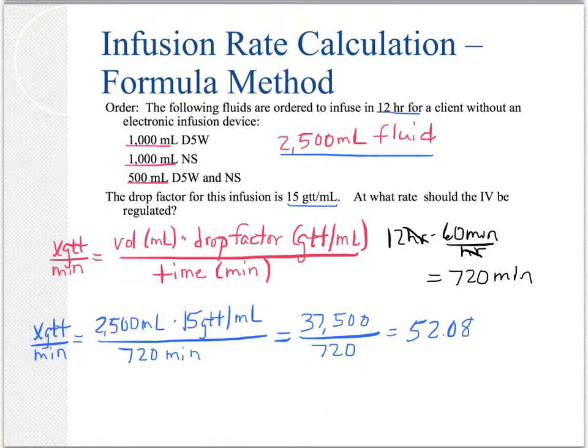Since we cannot calibrate in less than full drops, we need to use our rounding rules. Looking at our tenths position, which is a 0, since that is less than 5, we simply leave our whole number as 52 drops per minute. And that is our answer.